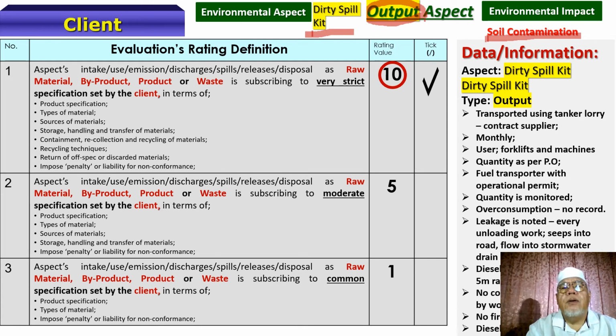Now let us take a look at why the dirty spill kit is ranked 10 over here. Look, dirty spill kit has a very strict set of terms by the client. Who is the client?